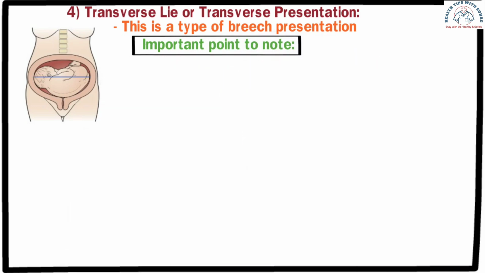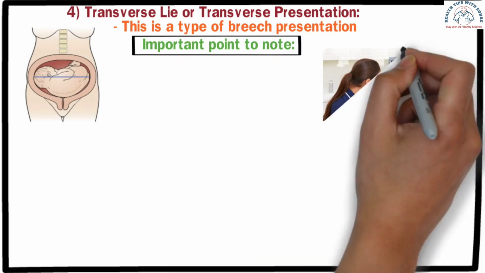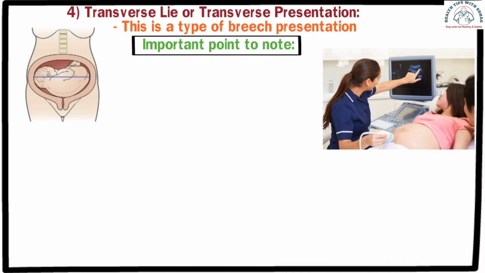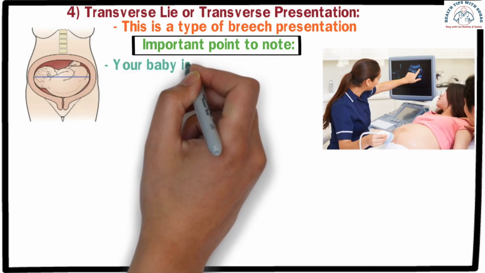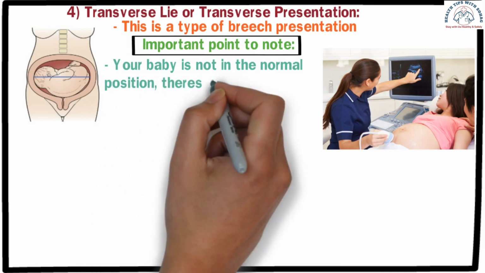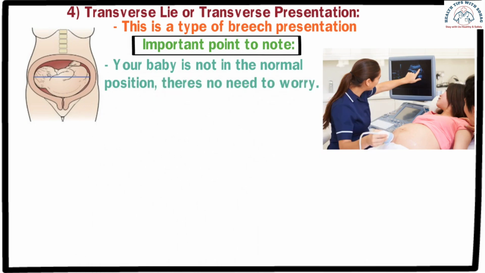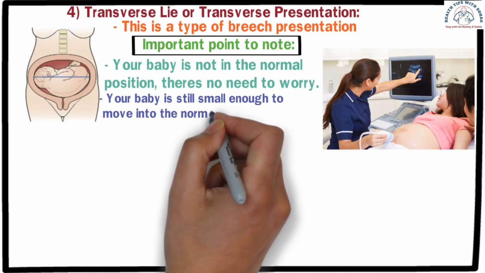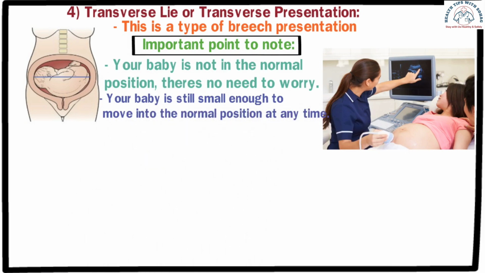Here is an important point to be noted. If an ultrasound report is from 35 weeks or earlier and you see the baby is not in the normal position, there is no need to worry. At this stage, the baby is still small enough to move into the normal position at any time.